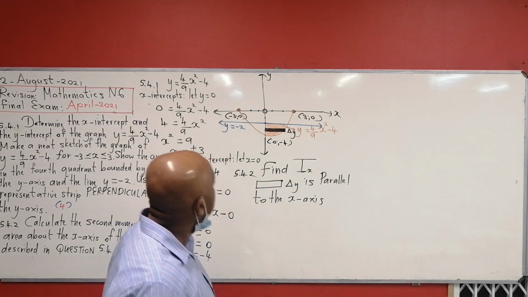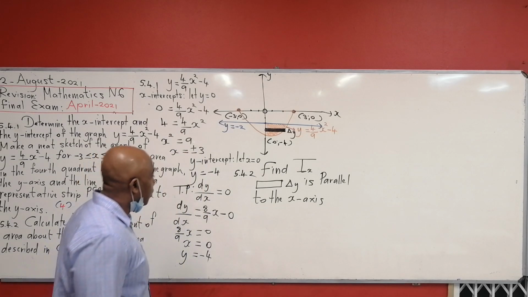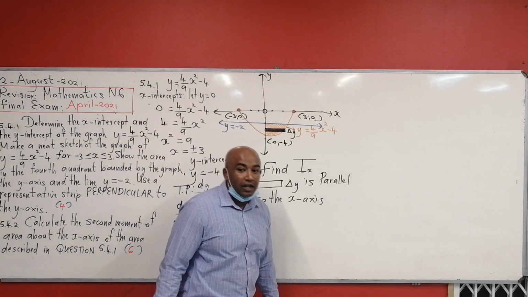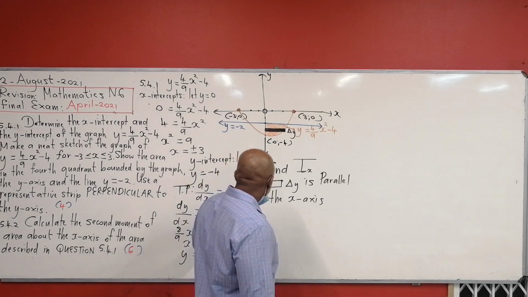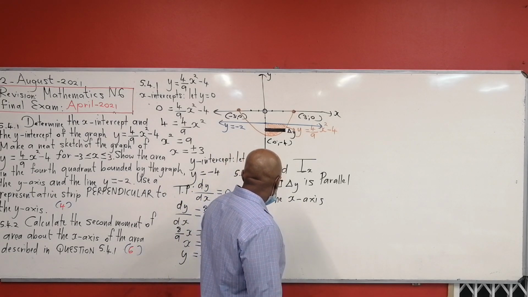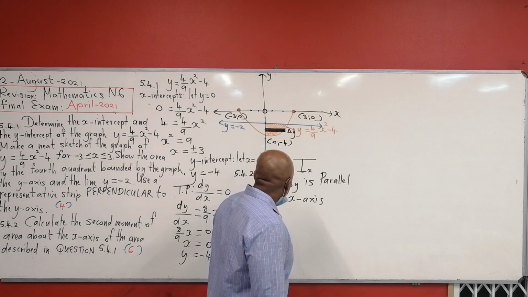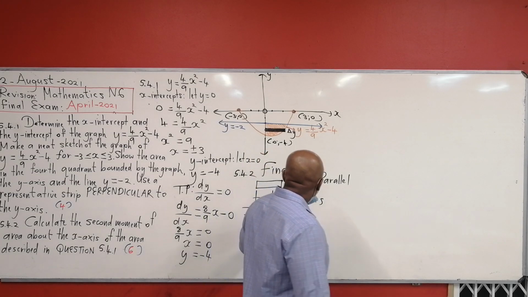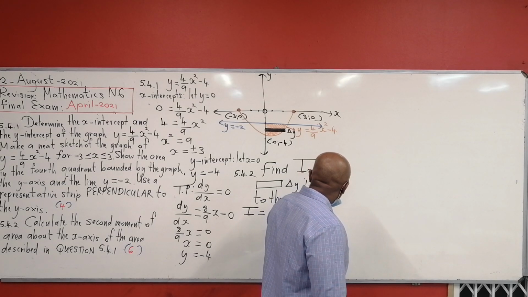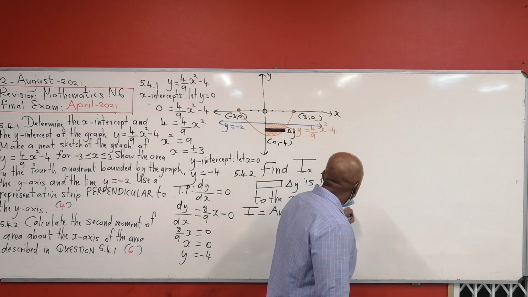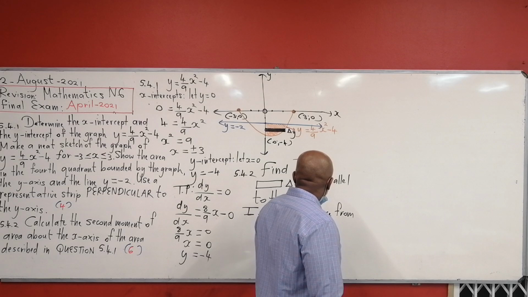It's parallel to the x-axis. So, if it is parallel, then we use the formula. So there's the second moment of area, it is going to equal to area times distance from the reference axis.